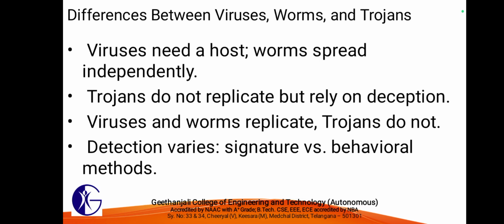Viruses and worms replicate while Trojans do not. Understanding these differences helps security experts choose appropriate detection and removal strategies. For instance, network monitoring is vital against worms, while behavioral detection is essential for Trojans.